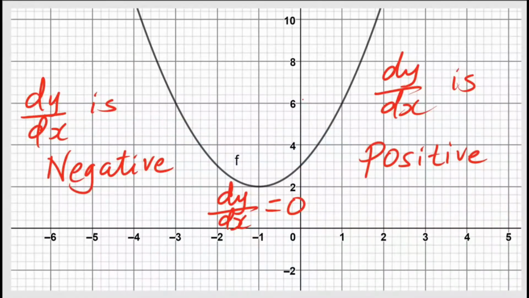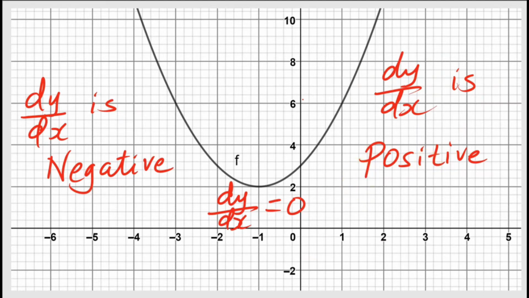After you draw the curve, this is what you get. You realize that to this side of the curve, the gradient is negative, dy over dx is negative. Then at this point, the gradient is 0. Then to the right, the gradient is positive.